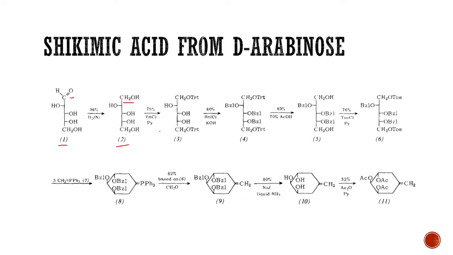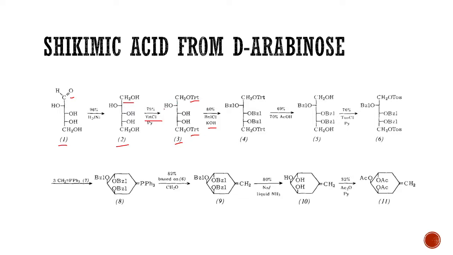Arabitol is then treated with triphenylmethyl chloride to give the 1,5-ditrityl derivative.